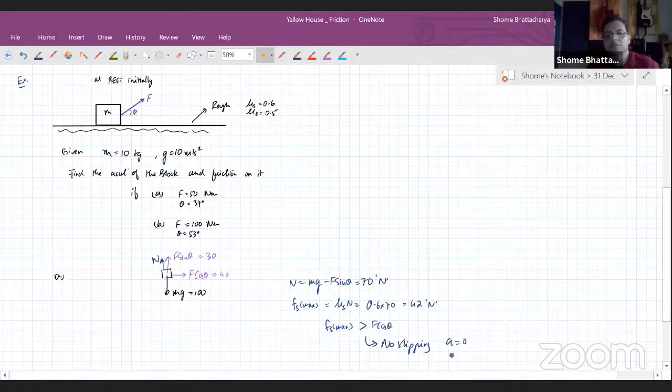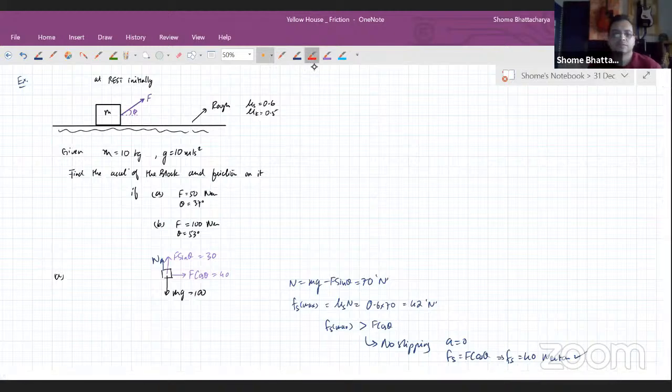So acceleration will be 0 and static friction equal to F cos theta, that means static friction equal to 40 newtons will act. So this is the answer. This static friction will balance the F cos theta component because there is enough friction available to prevent slipping.